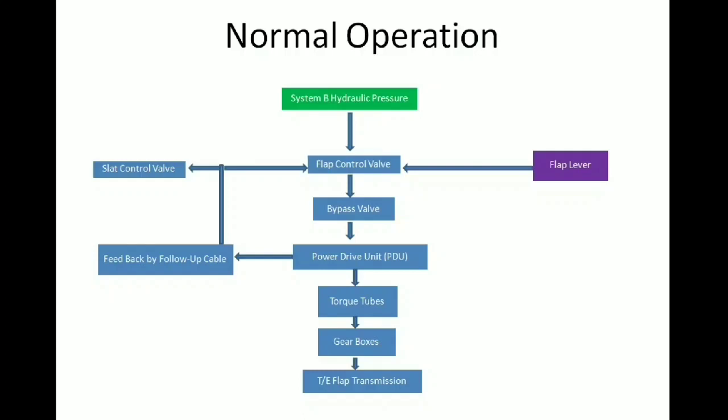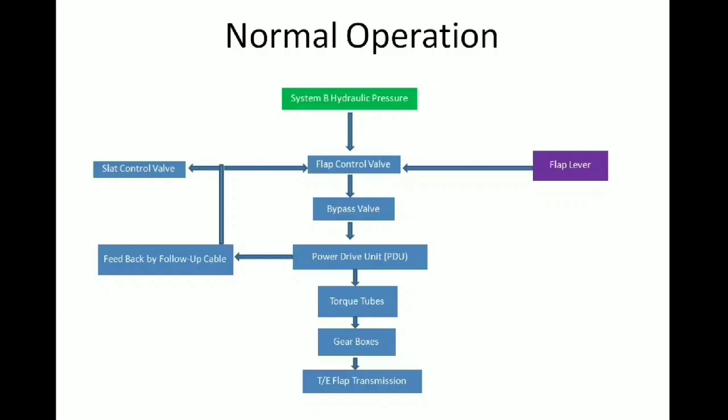The priority valve gives more priority to the leading edge devices than the trailing edge flaps if the pressure of the hydraulic system B is below 2400 psi. Then the flow restrictor controls the speed of the trailing edge flap.